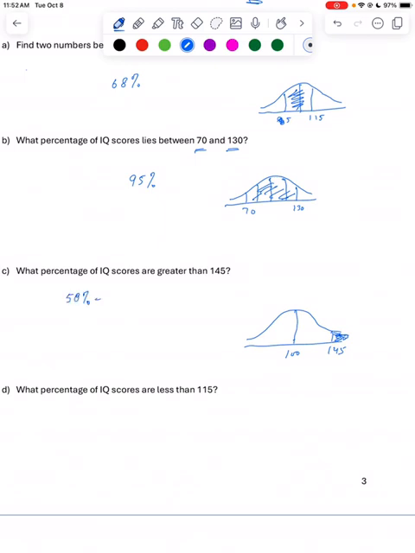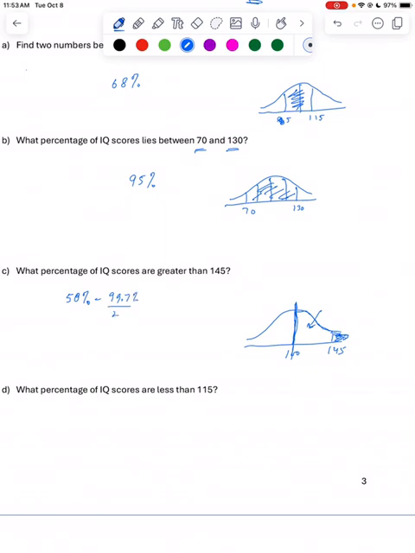So we are taking all the area on the right of this middle line. So it is 50%, and then we subtract the half of the 99.7. So 99.7% divided by 2. So you get 50%.